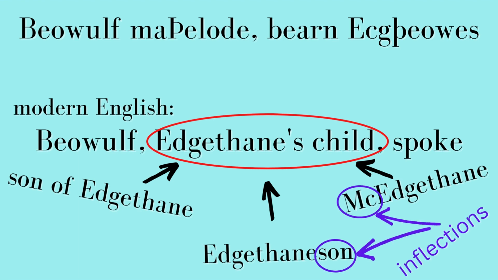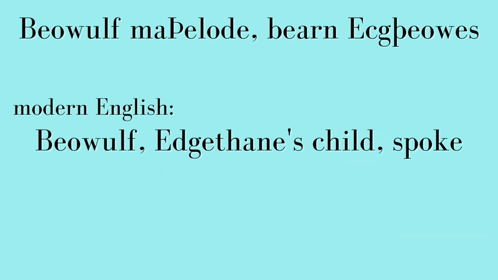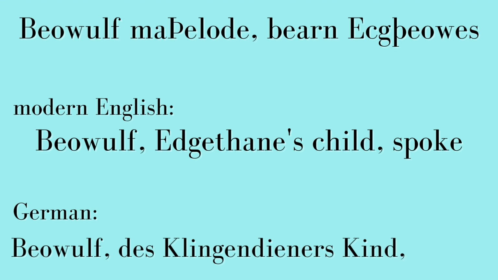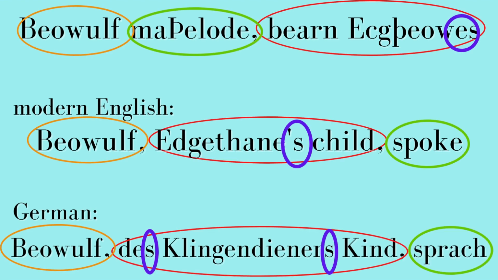These inflections are very common throughout the British Isles, and of course many languages have variations like that. The sentence could be translated into German as Beowulf, des Klingendieners Kind, sprach. You can see here the grammatical similarities between these 3 related languages.